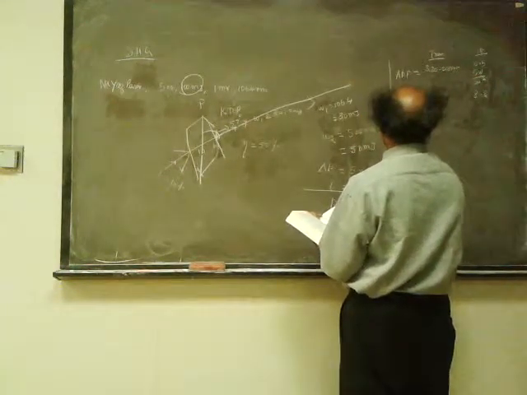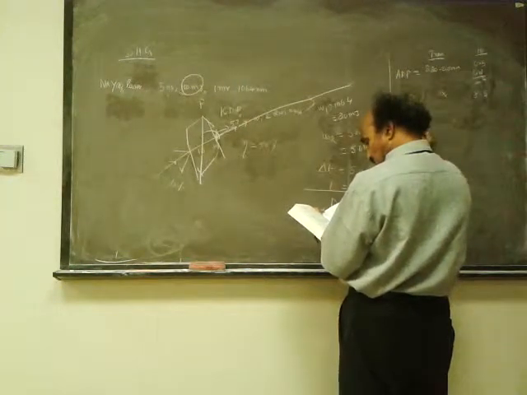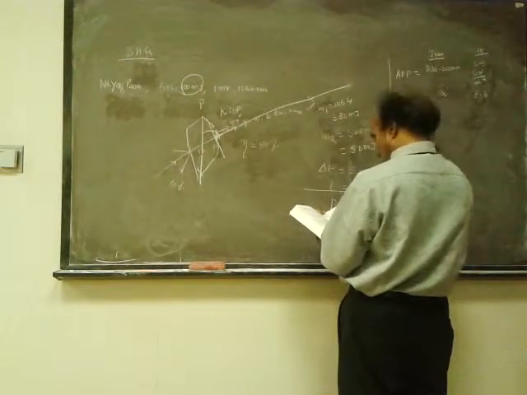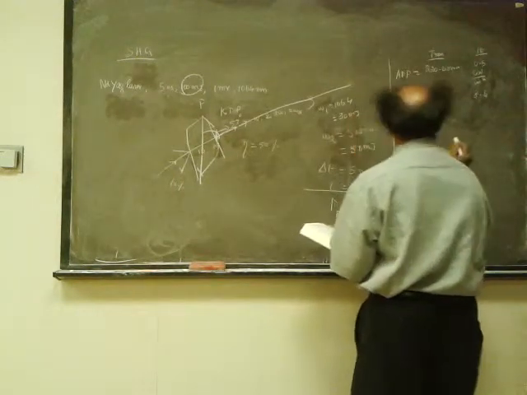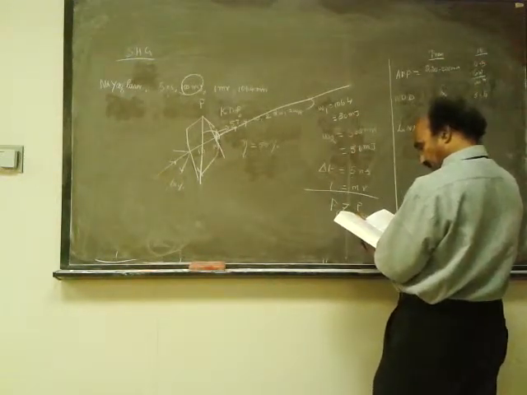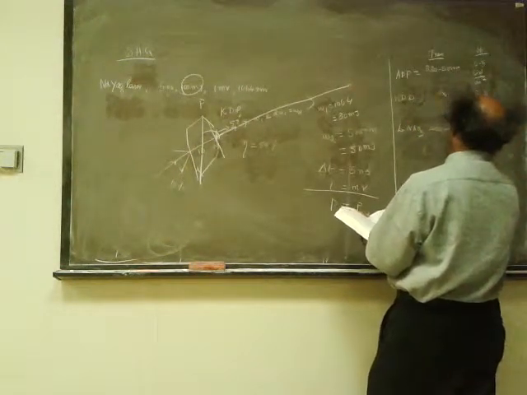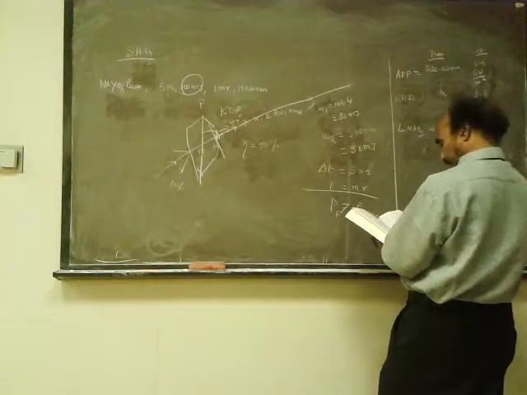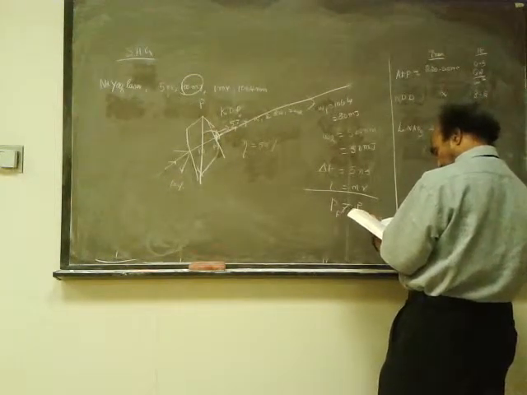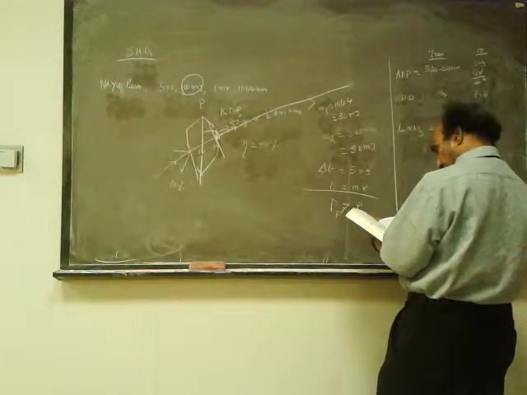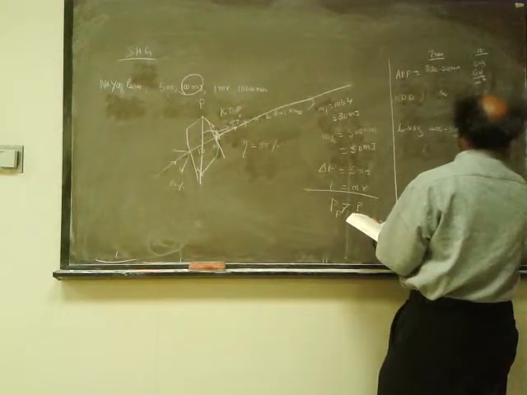Now look at this one. Lithium iodate. I am writing only a few of them. This is best for 400 to 5000 nm. And this is lithium niobate, 0.05.